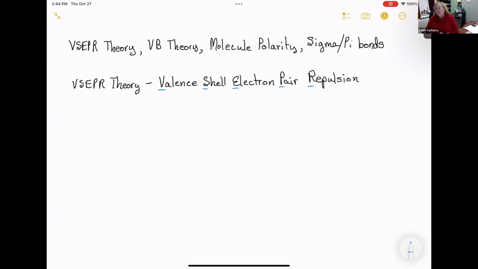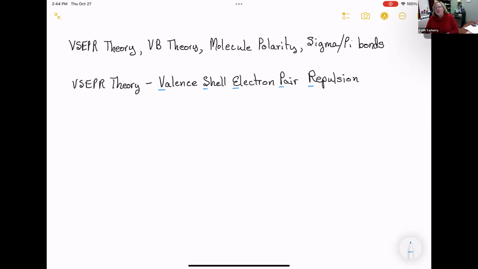We would go, well, carbon is in group 14, the last digit is 4, so it has 4 valence electrons. Chlorine is in group 17, the last digit is a 7, so it has 7 valence electrons. When we were developing the Lewis structures, we were specifically adding up those valence electrons. Those valence electrons were placed in pairs, whether that pair was in the form of a bond or a lone pair.